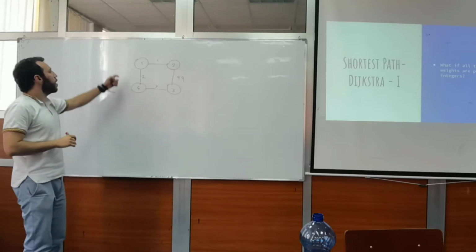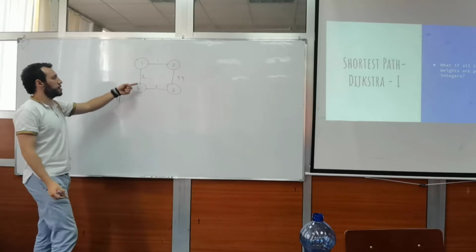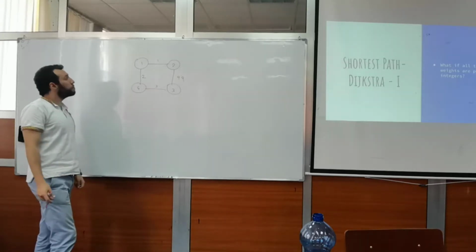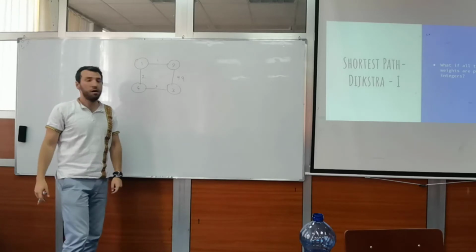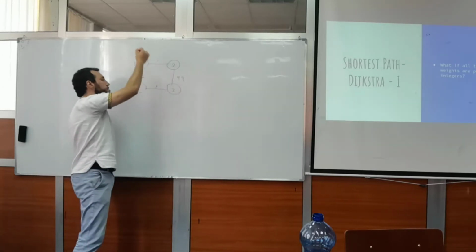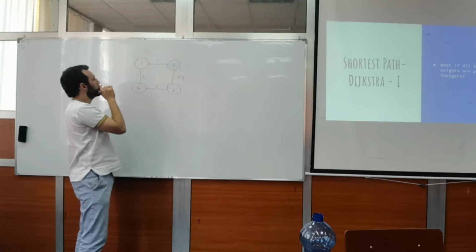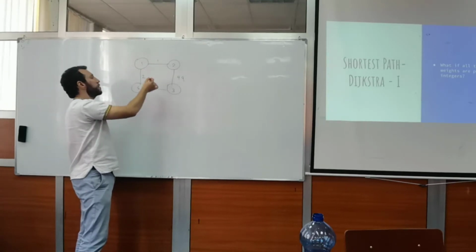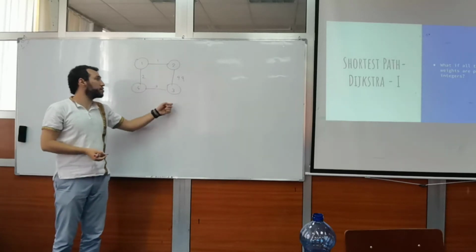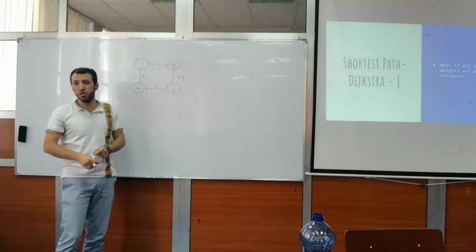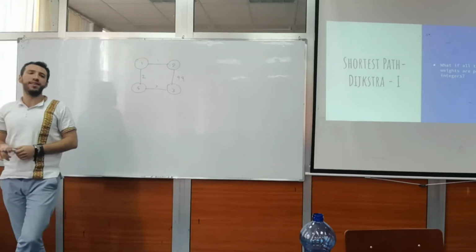So basically from 1 to 3, the shortest path is actually 5, as you see, if we take these two edges. But if we run BFS, let's say 2 is the first child that we look at, then we are going to insert 2 with distance 1, and after that 2 is going to be executed before 4, and then 2 is going to insert 3 with distance 100, which is definitely not the shortest path. So yes, BFS is not working.